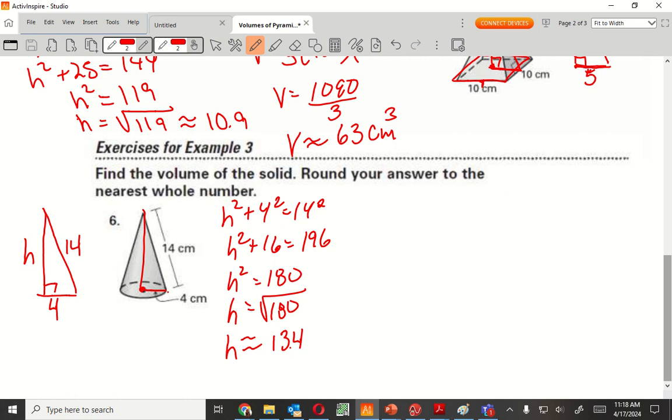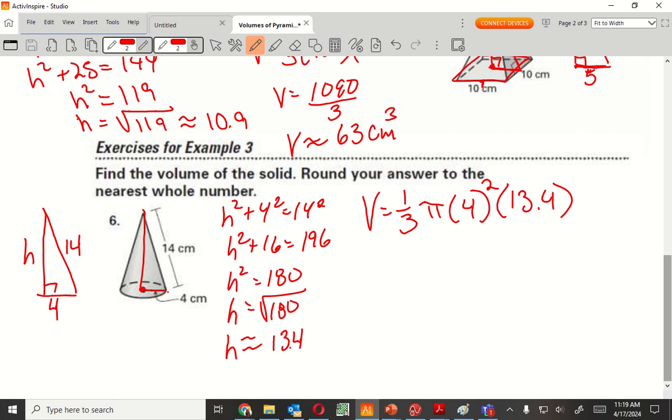So now I can plug in because now I have all the values that I need. My volume of the cone is going to be 1/3 times the area of the base, which is a circle, pi times my radius 4 squared, times the height, 13.4. And what's that going to be?